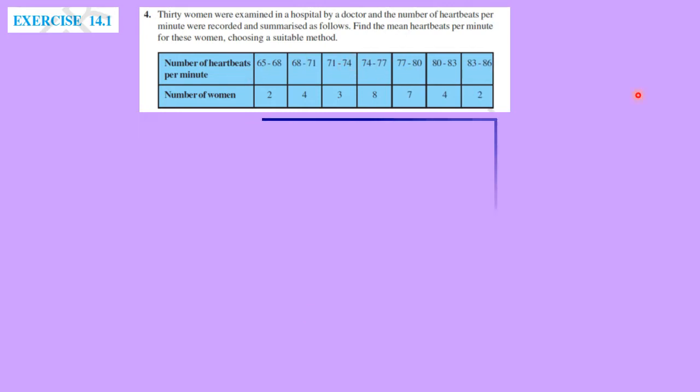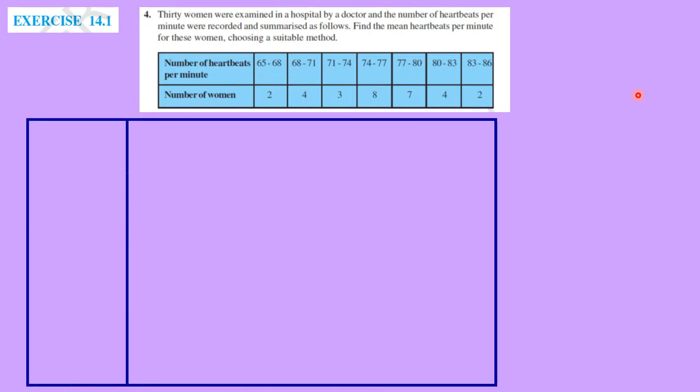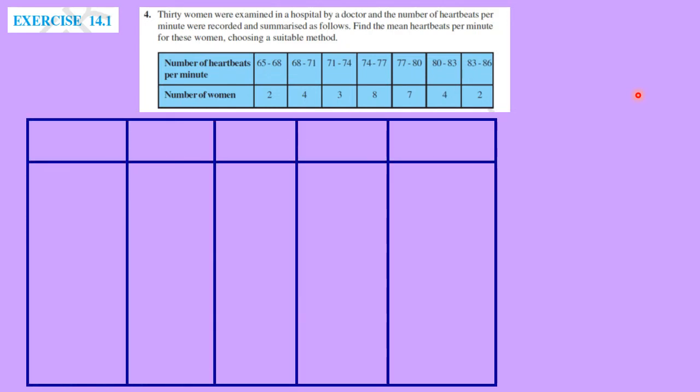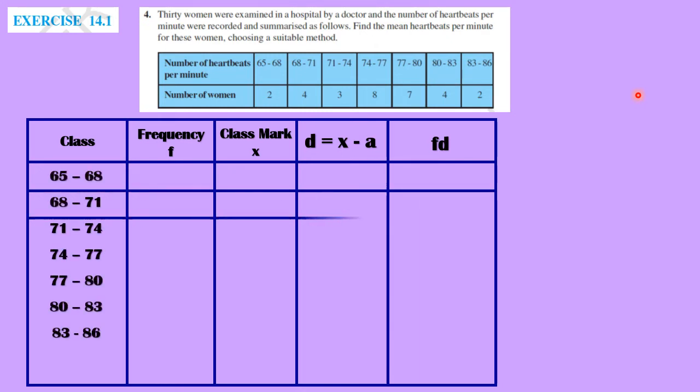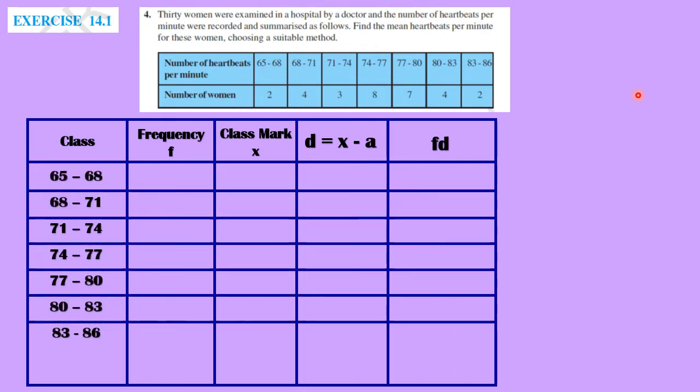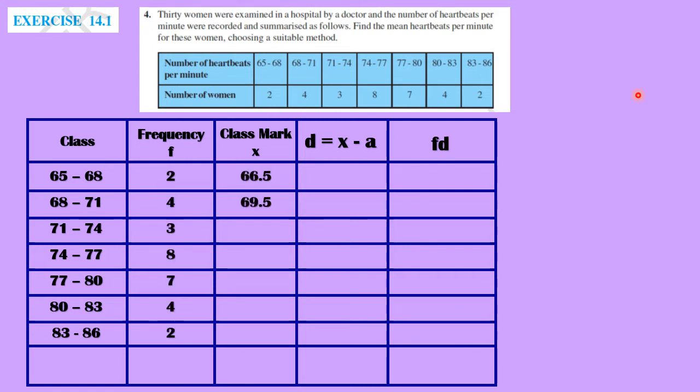So let us make the table first. Put the columns, and what will be the heading? I'm giving here class, then frequency, then class mark, then D, then FD. So class we can copy from the question and frequency also we can copy from the question.